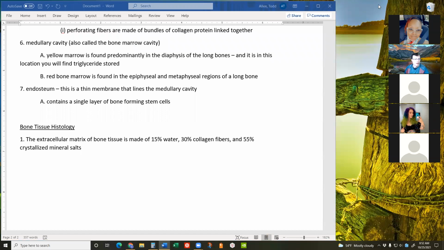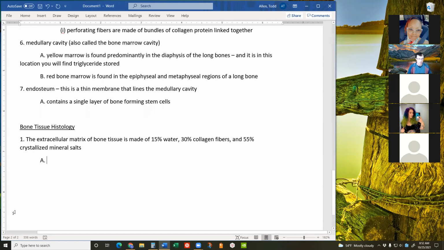Okay. All right, so let's talk a little bit more about some of the characteristics of the extracellular matrix. Now, when we say crystallized mineral salts, the mineral salts that we're talking about are calcium and phosphorus. And the calcium and phosphorus minerals will crystallize into objects that look similar to rock salt candy.